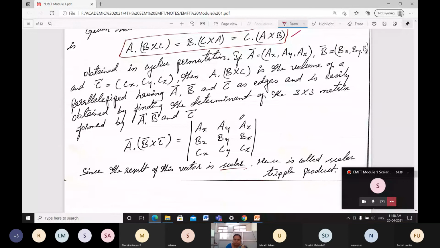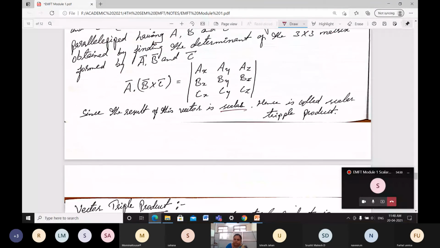We will come across it in the next class. The scalar triple product of A, B, C is the determinant of ax, ay, az, bx, by, bz, cx, cy, cz. The result is a scalar, and for that reason we call it a scalar triple product.